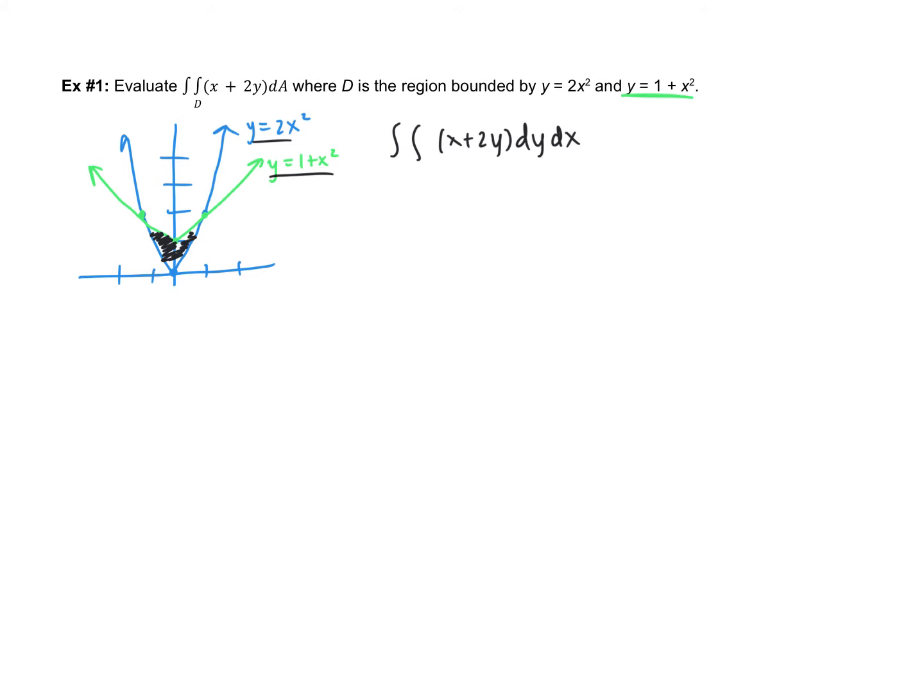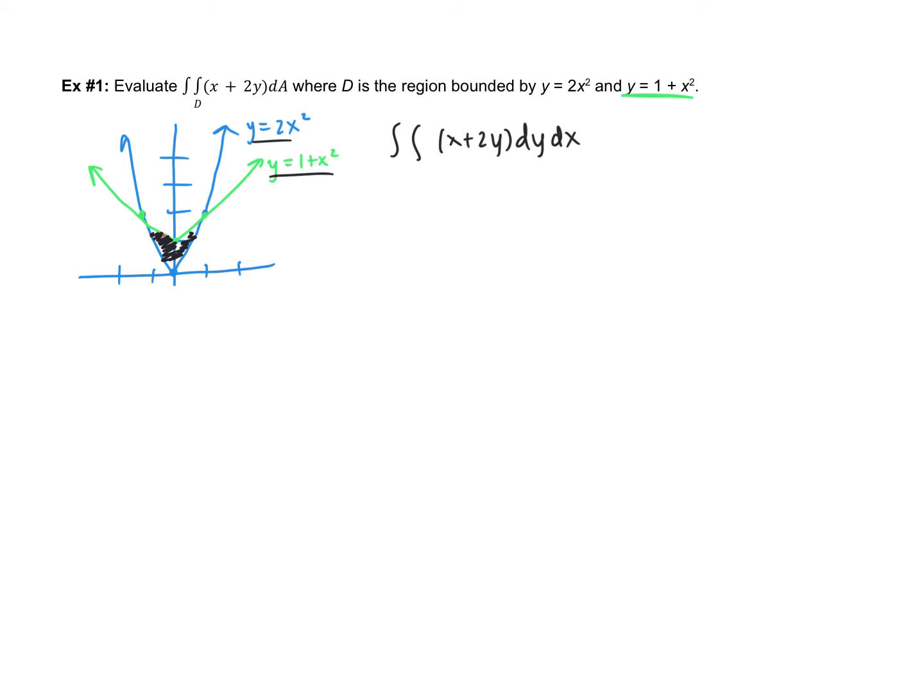Now, it's not always going to be that easy. So what I do is I like to look at my region, and I consider integrating vertically and integrating horizontally. If we integrate with respect to y, if we go vertically, we notice the top part is always the green function, the bottom part is always the blue function, no matter where we go in our region.